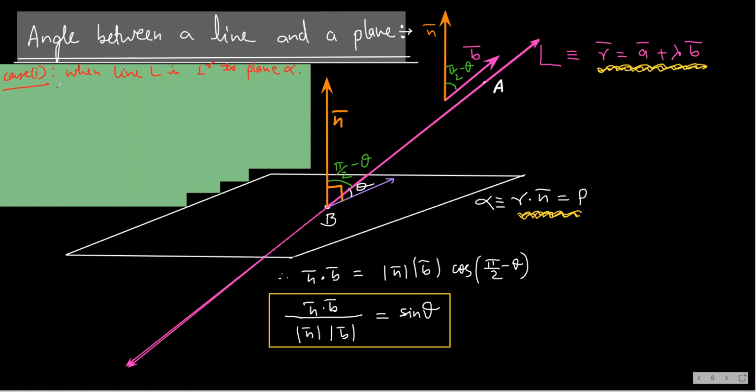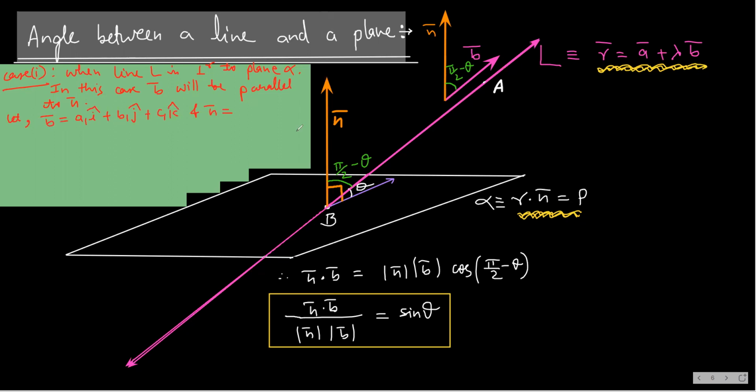So I will write in this case, B bar will be parallel to N bar. Now suppose I am given B bar as A1 i cap plus B1 j cap plus C1 k cap, and I'm given N bar.